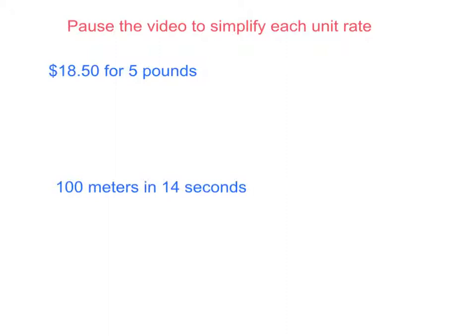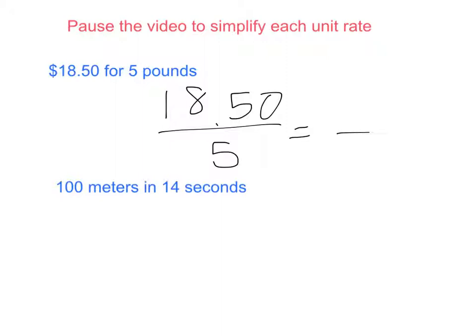Pause the video to simplify each unit rate. So for the first example, you have $18.50 for 5 pounds. To simplify that, we're trying to get it to equal 1 pound, which means you divide the top and bottom by 5, and we get $3.70 per pound.